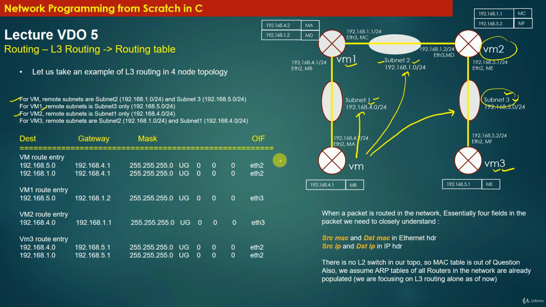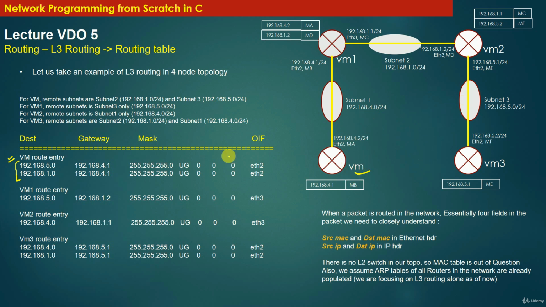Now next, let us discuss the routing table that we have configured in each of the routers. So let us discuss the routing table entries for the router VM. You can see that there are two entries in the routing table of router VM. Now the first thing is, why do we have two entries? We have two entries because in this topology there are two remote subnets with respect to the router VM.